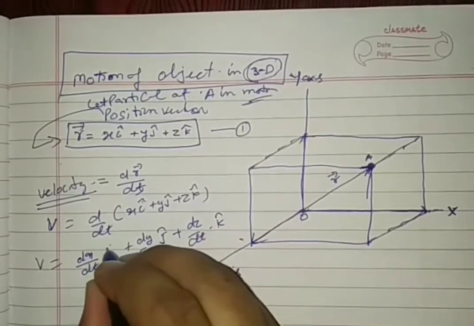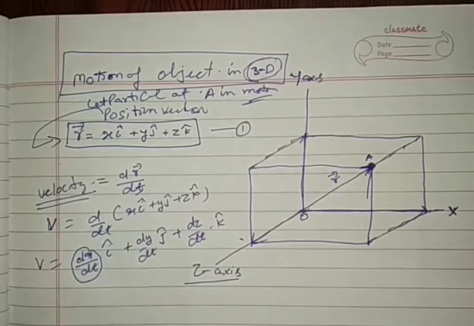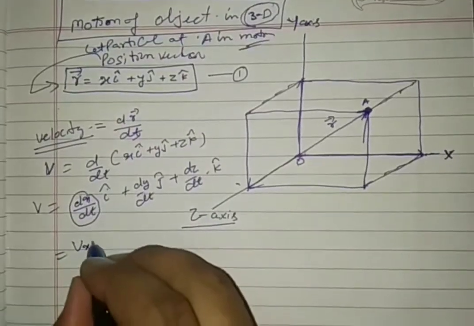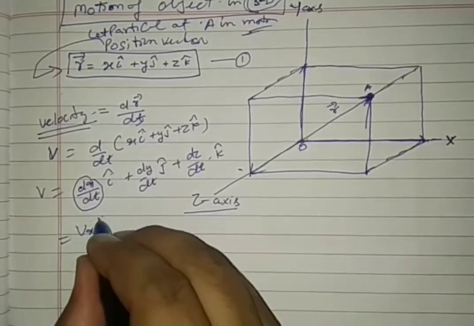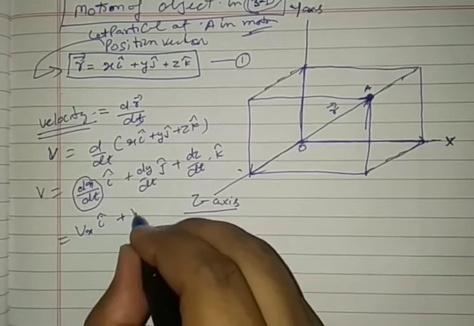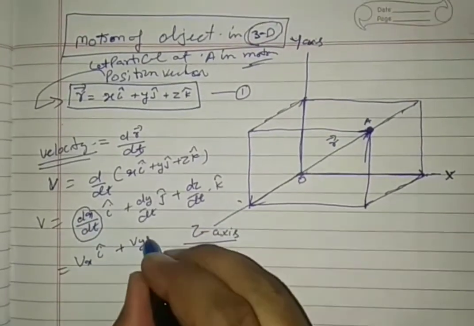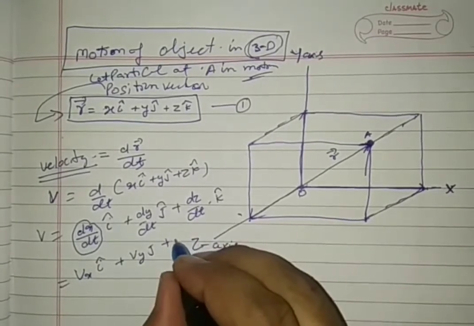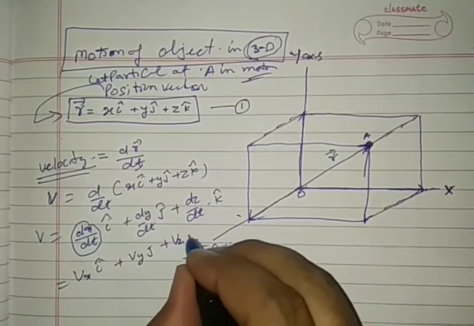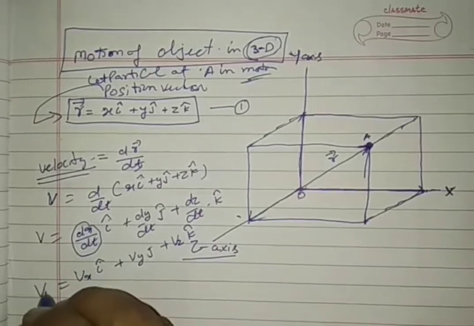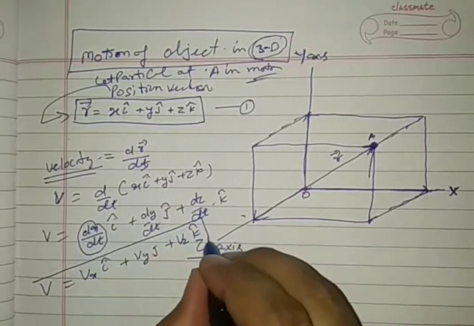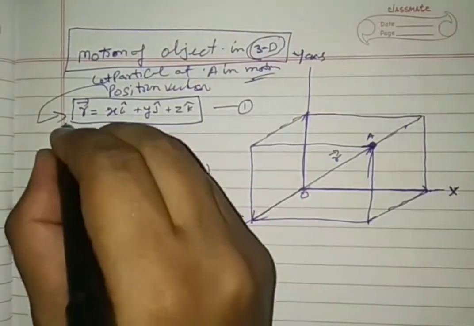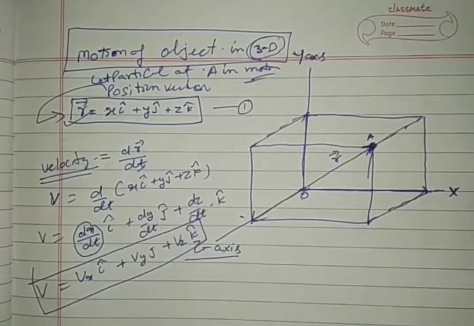See, dx by dt is the velocity component along the x-axis. Similarly, velocity component along y into j plus velocity component along z-axis into k. This is the velocity vector which is obtained from the position vector.